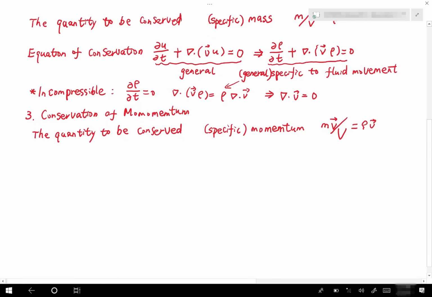So then we recall the equation of conservation again, this general equation. But now we should replace u with rho v, right? So if we do that, we're going to get the equation like this.